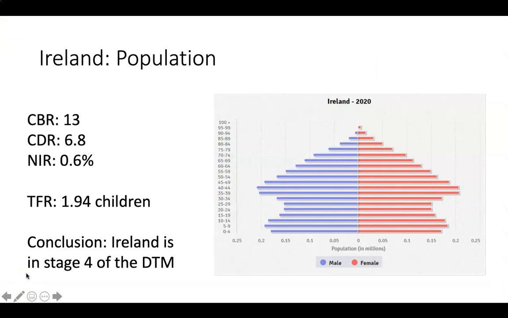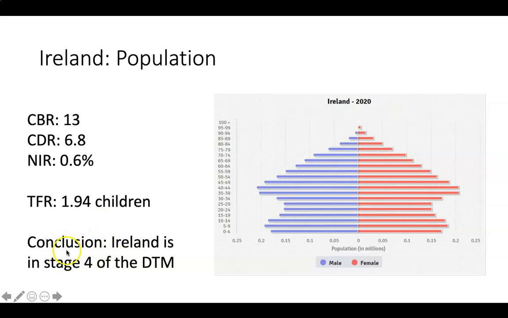Now, your instructions were to talk about and discuss and come to a conclusion as to where your country is on the population pyramid or on the demographic transition model. So I am using birth rate and death rate and natural increase rate, which I have from yesterday's statistics sheet, as well as total fertility rate.